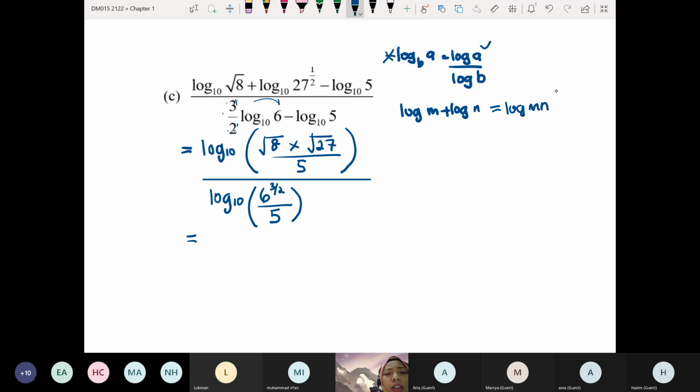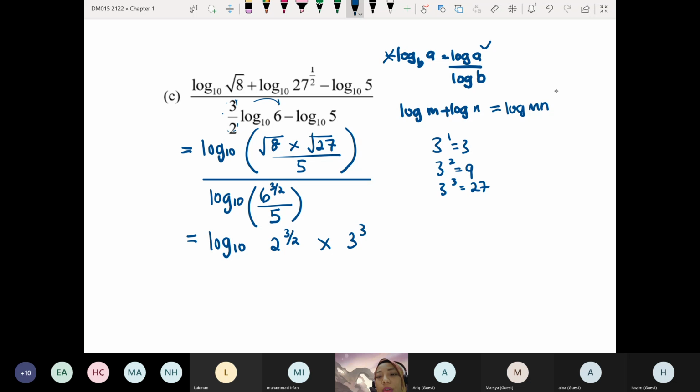Okay, ataupun kalau within our capability, kita tahu 8 is basically 2 to the power of 3, and then we have over 2 because root. Okay, and then 27 adalah basically 3 to the power of 3, because 3 to the power of 1 adalah 3, 3 to the power of 2 is 9, 3 to the power of 3 is 27, and then we have root over here.